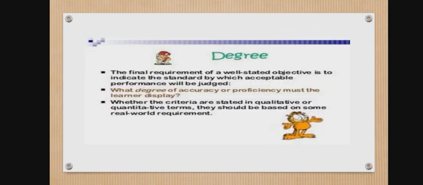Degree: the final requirement of a well-stated objective is to indicate the standard by which acceptable performance will be judged. What degree of accuracy or proficiency must the learner display? Whether the criteria are stated in qualitative or quantitative terms, they should be based on some real-world requirement.